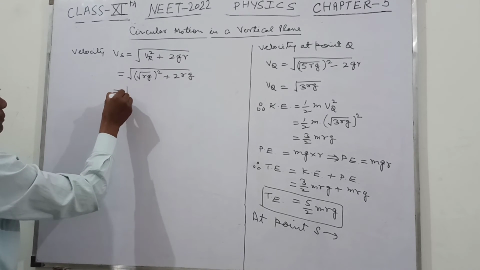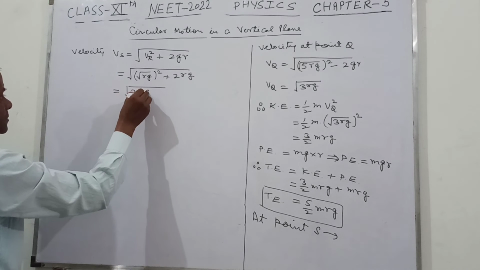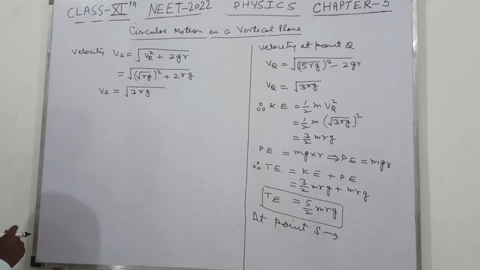So this is equal to square root of 3Rg. This is again equal to v_S.